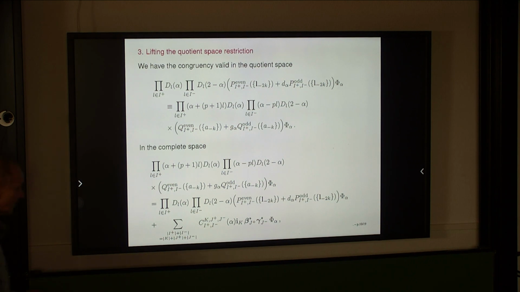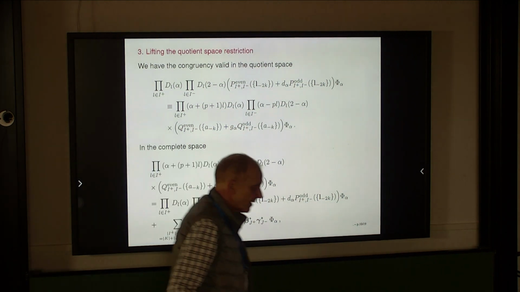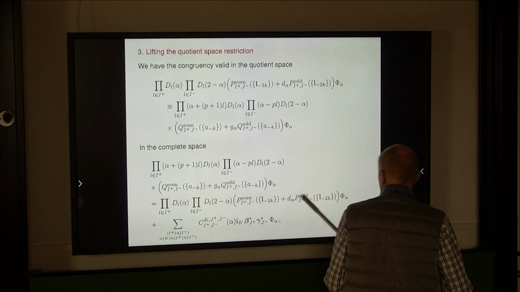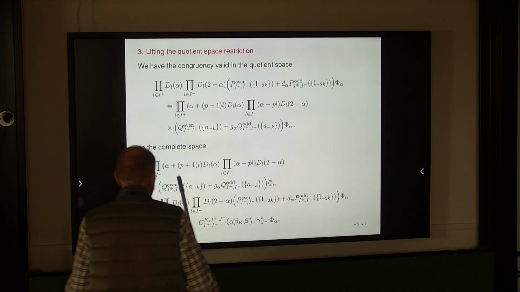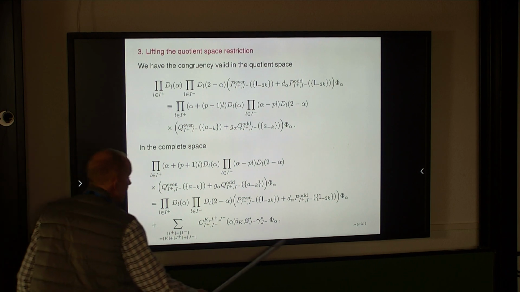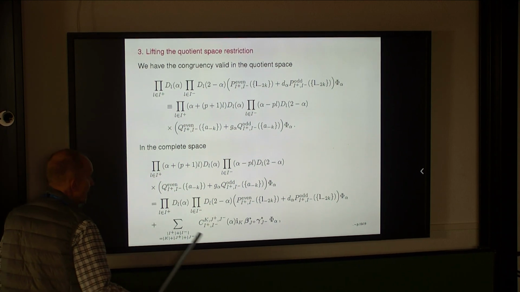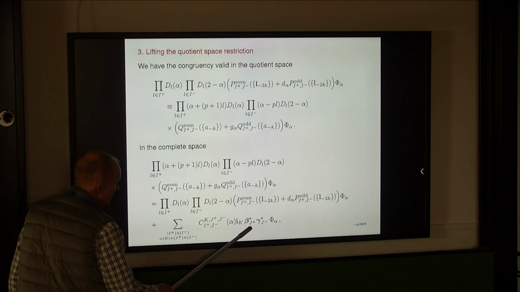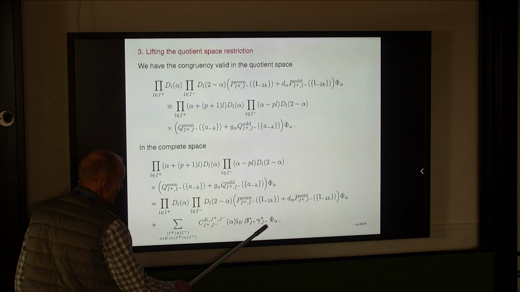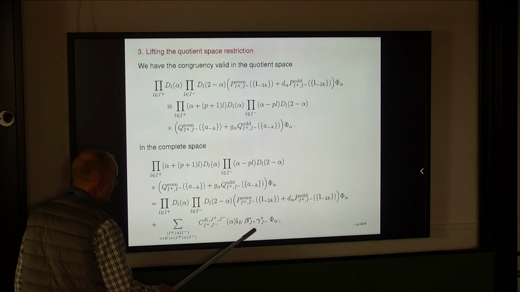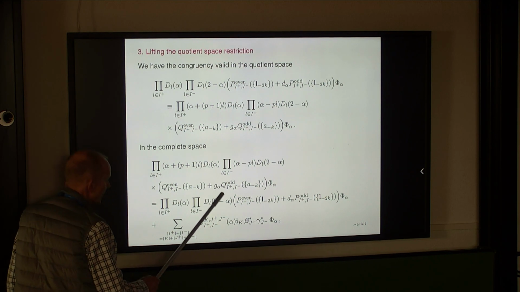I forget about this portion, and I just rewrite this in terms of these guys. Probably this is not the best idea to use this, but it's all right. So I want to rewrite it.